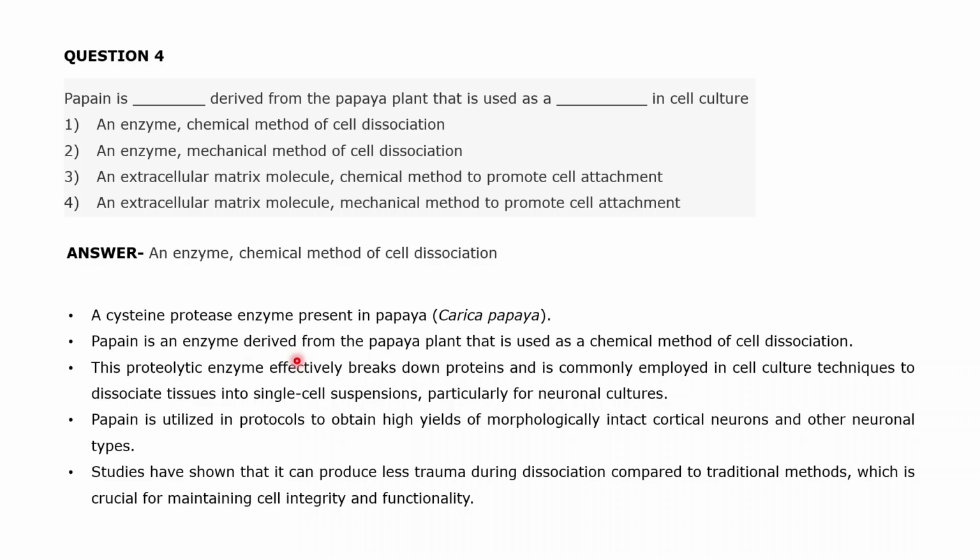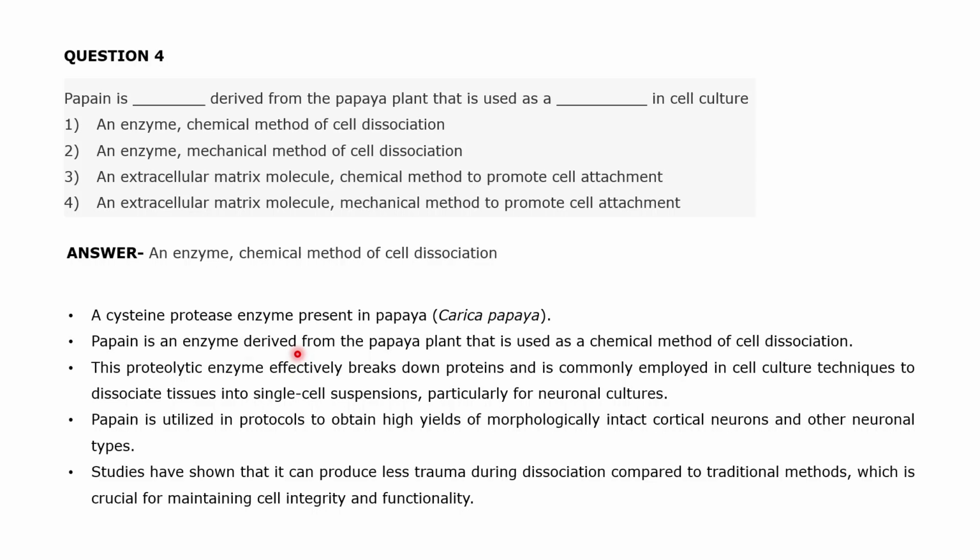These are all basically proteins, right? So if you provide a protease that could degrade this extracellular matrix without affecting the cell or an individual cell as a whole, only affecting the extracellular matrix, you can break them down into individual cells.